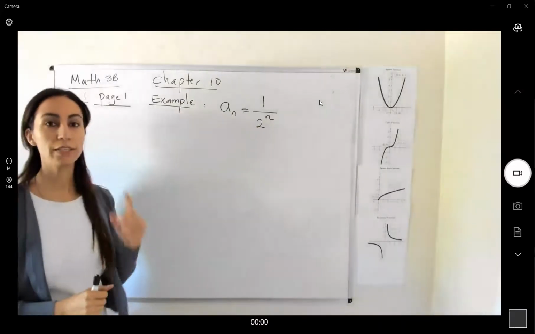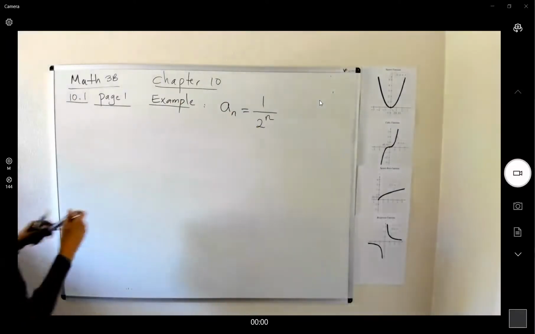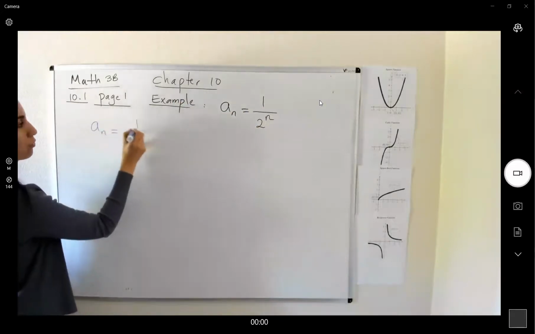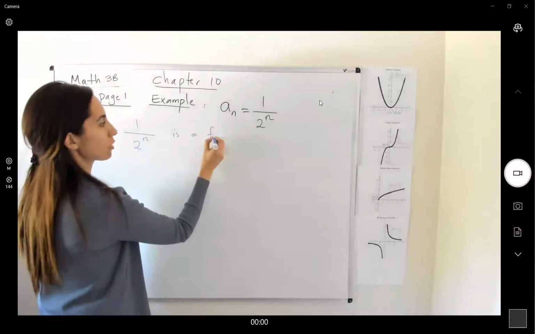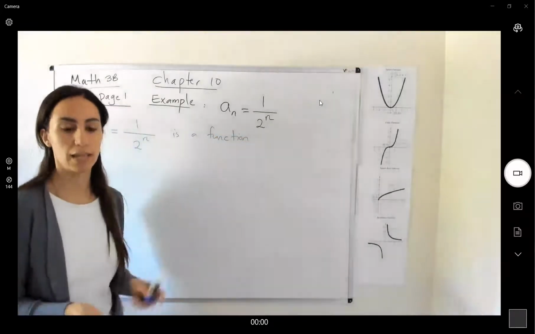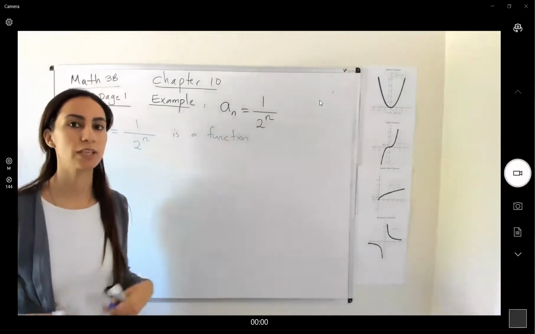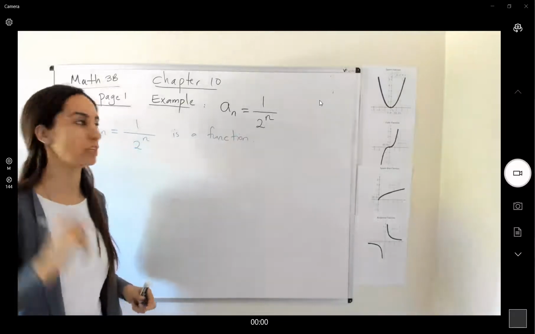First of all, here you have a function. A sub n equals 1 over 2 to the n is a function. So what's the meaning of that? It means that for sure you can graph this function, and for sure you can find the limit of this function as n goes to infinity.